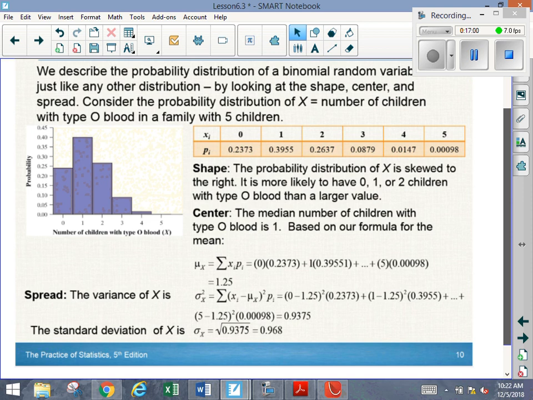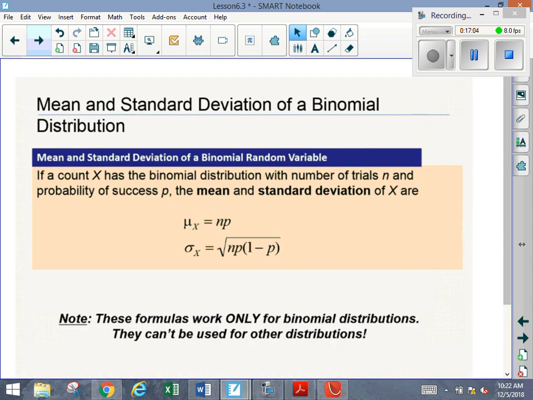This is the long way of doing it. There is a shorter formula, and here it is. Again, these formulas are on your AP formula sheet. You do not need to memorize them. I will show you exactly where they are.